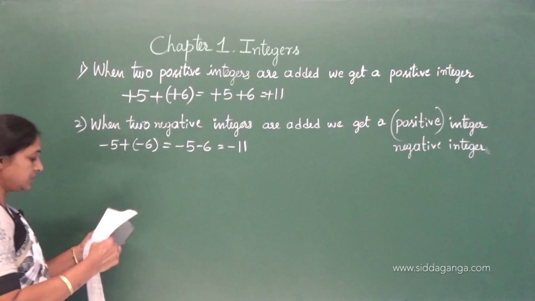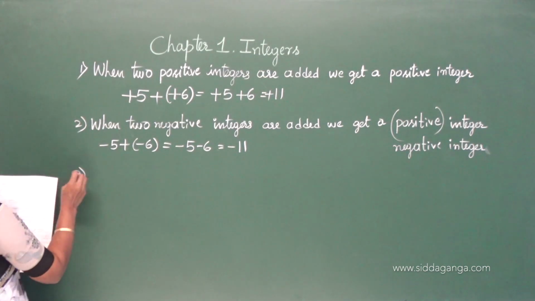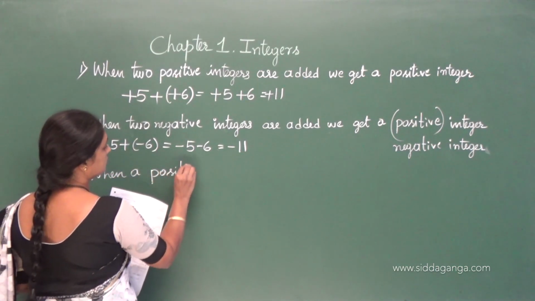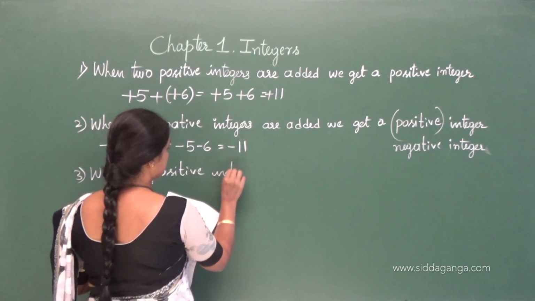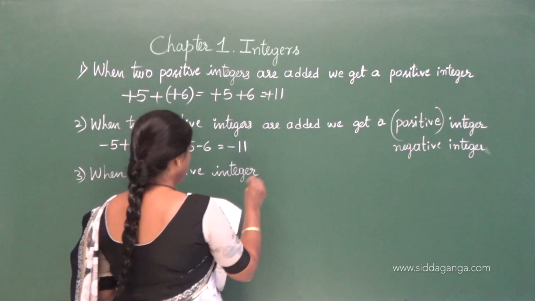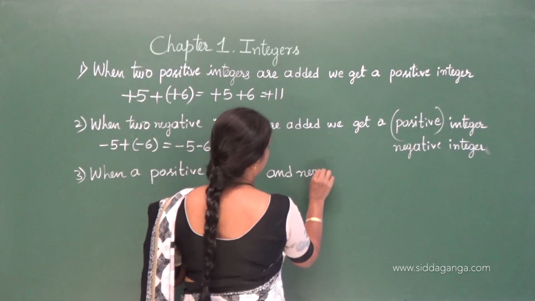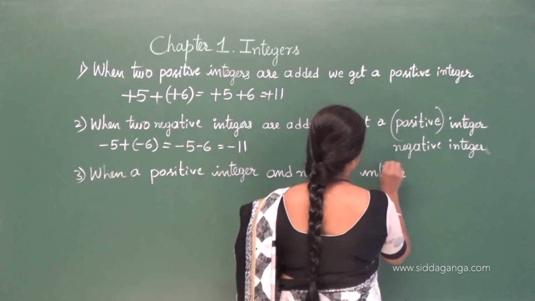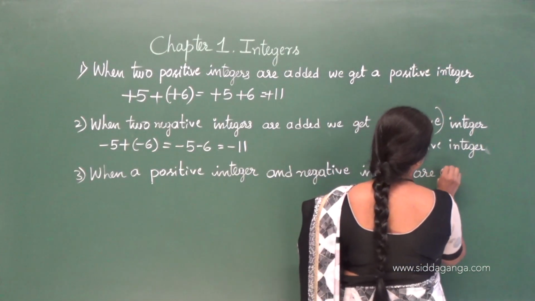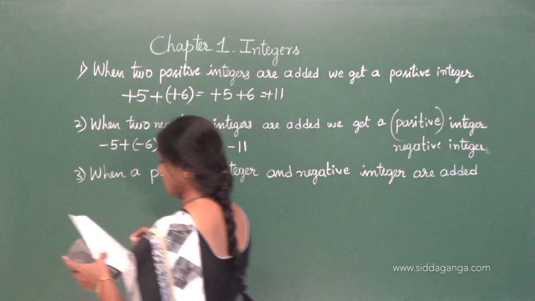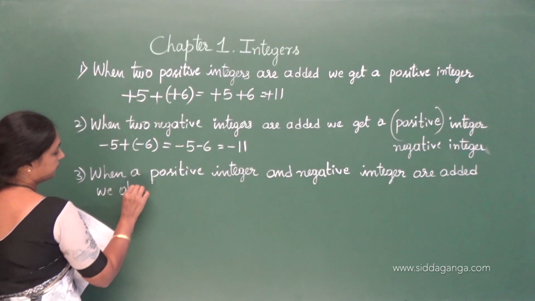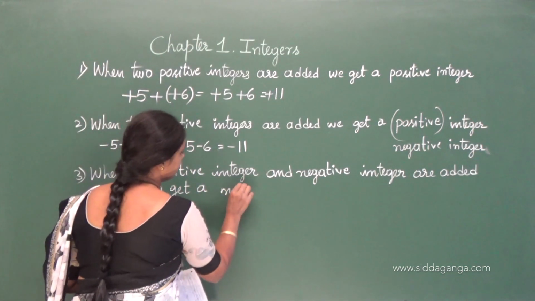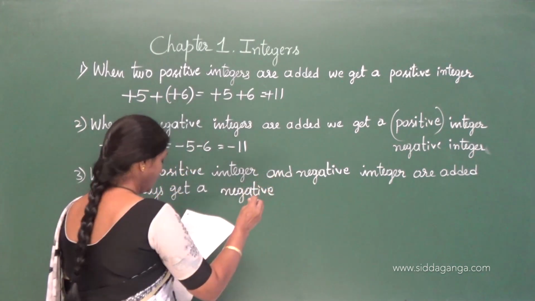Then the third statement is, when a positive integer and a negative integer are added, we always get a negative integer.